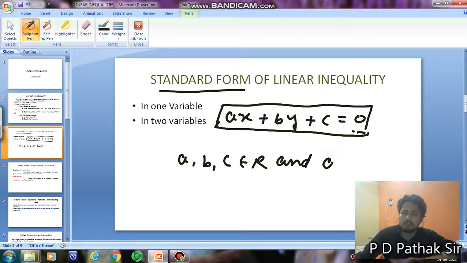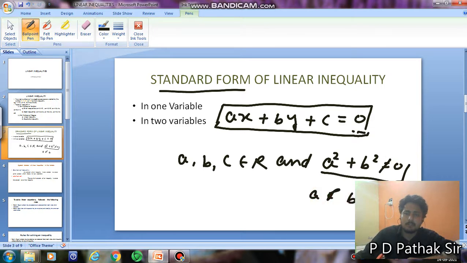Both together cannot equal 0, so it can be represented by a square plus b square not equal to 0. This condition fails only when a and b both equal 0.